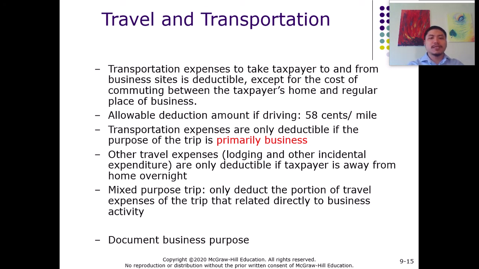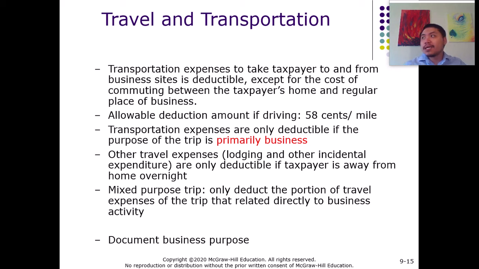Actually, I can just tell you now. If the majority of the time of the trip is to conduct business, then the taxpayer can consider that a primary business trip, and he or she can deduct 100% of the cost of transportation.